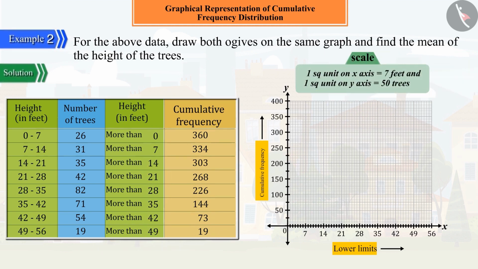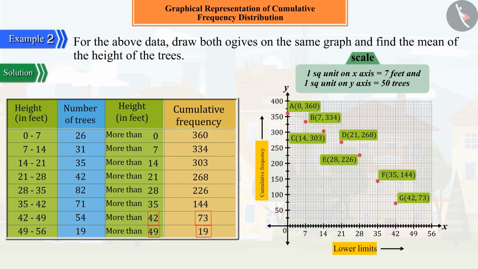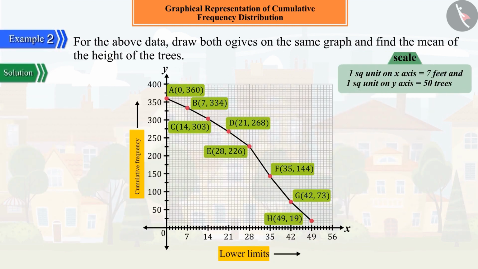To represent these obtained data graphically, mark the lower limits on the x-axis and cumulative frequencies on the y-axis. Plot the corresponding points of ordered pairs A, B, C, D, E, F, G, and H obtained with the lower limit and the corresponding cumulative frequency and carefully join all these points. From which we get a curve which is called more than type of ogive.